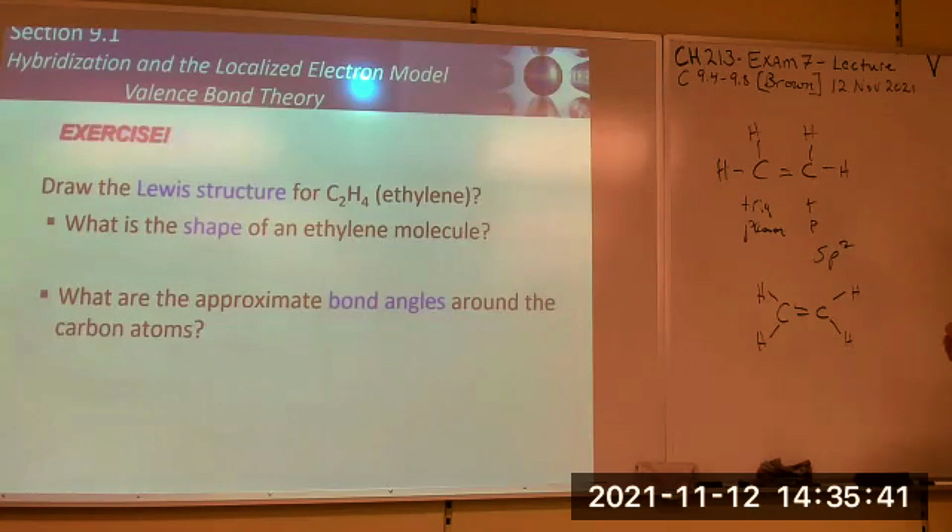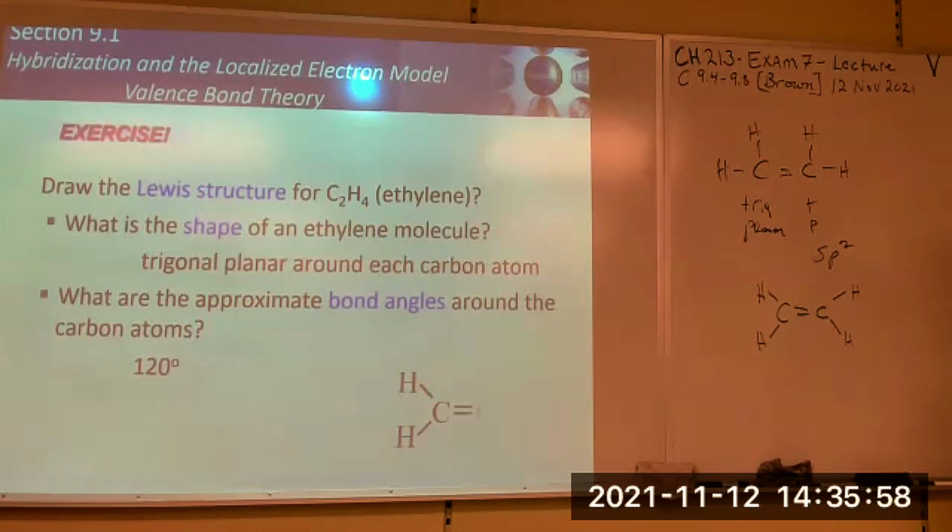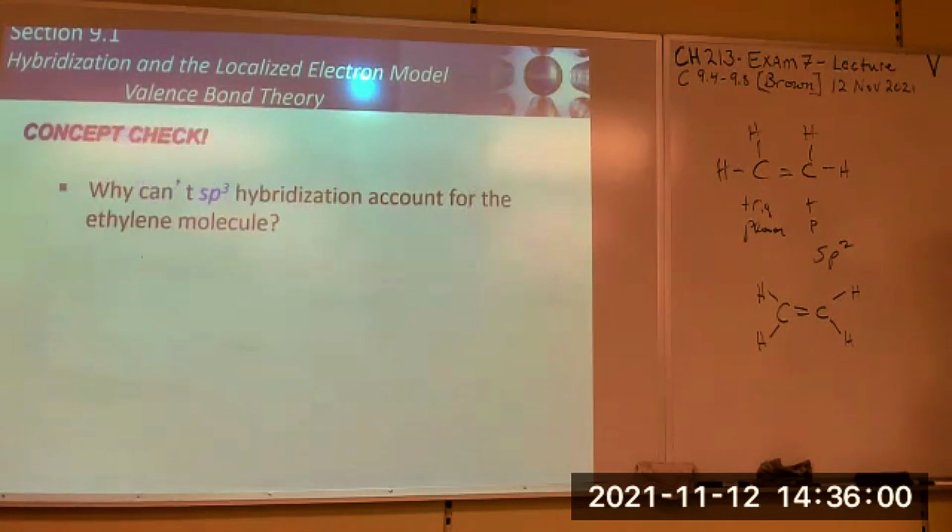But you may be asking yourself, we got 2 bonds here. This only accounts for 3, 1, 2, 3. So what happens to that other bond? Okay, I think I got pictures to show you there. Trigonal planar, 120 degrees. There's our structure.